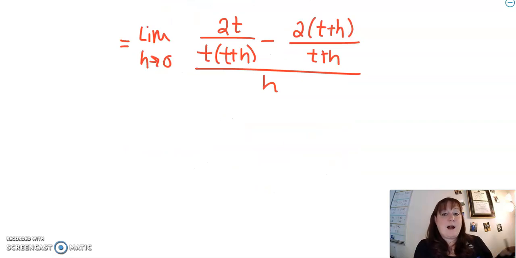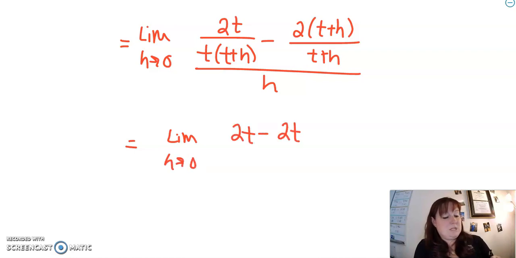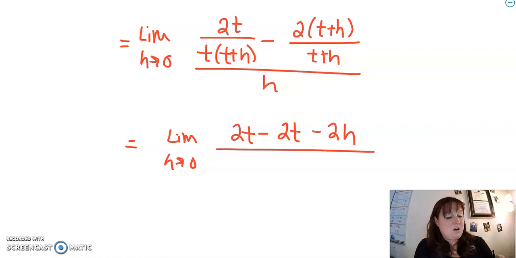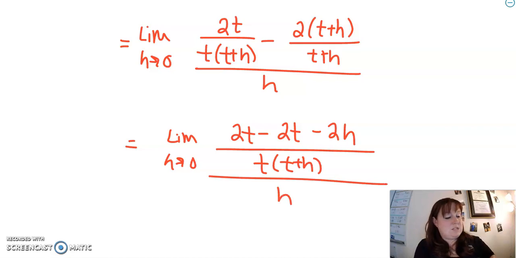And so now I can put those together, right? So I have the limit as h approaches 0 of 2t minus 2t minus 2h, because I just multiplied things in, all over t times t plus h, all over h. Ooh, that's ugly, isn't it?